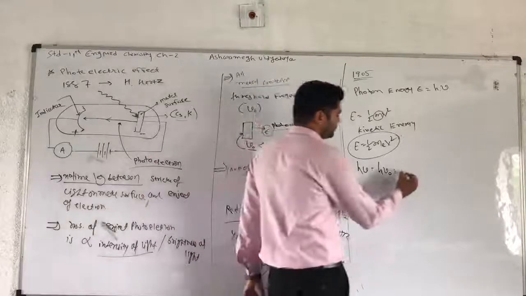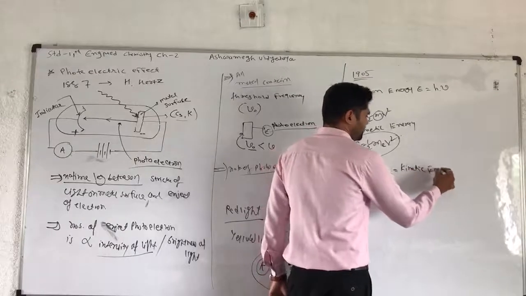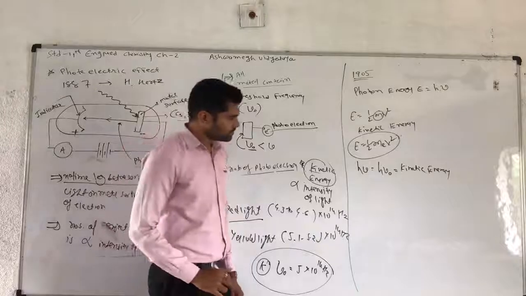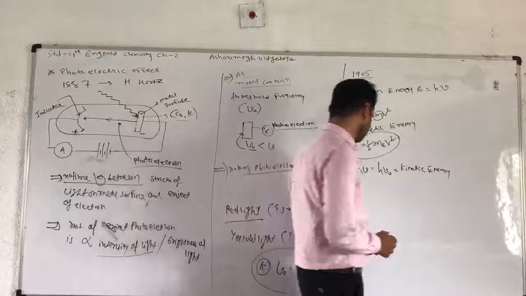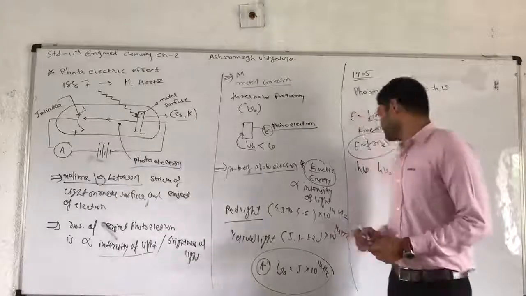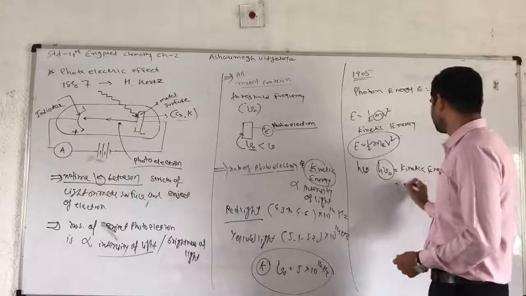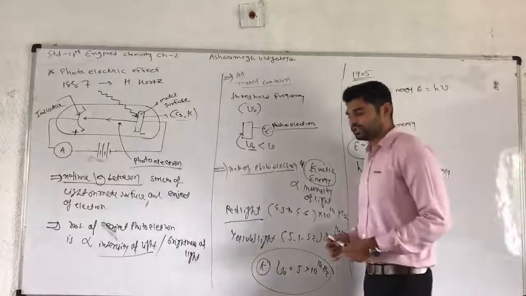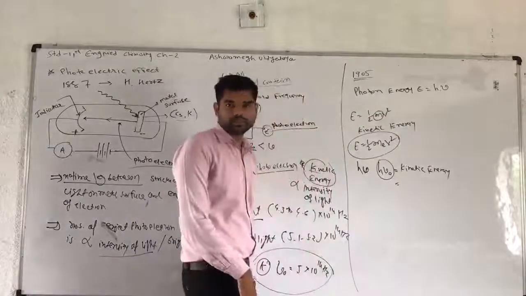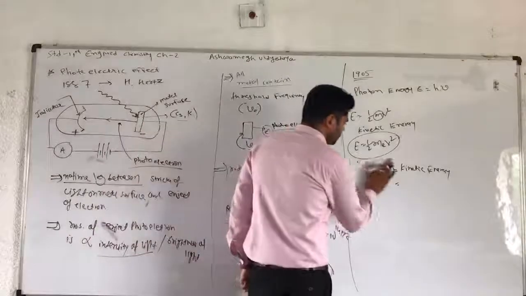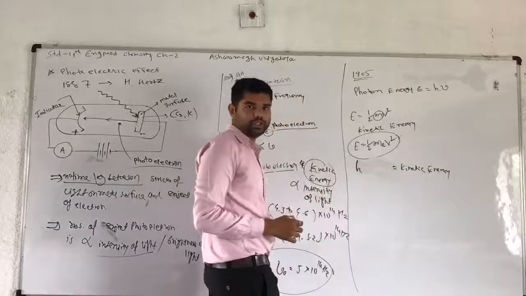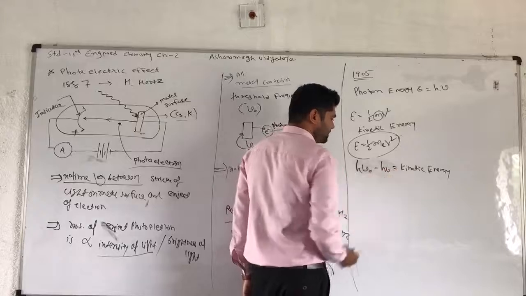Kinetic energy means 1/2 mv square, and it equals the difference between h nu and h nu 0, the threshold frequency. So the energy of the released photoelectron, the equation is h nu minus h nu 0.